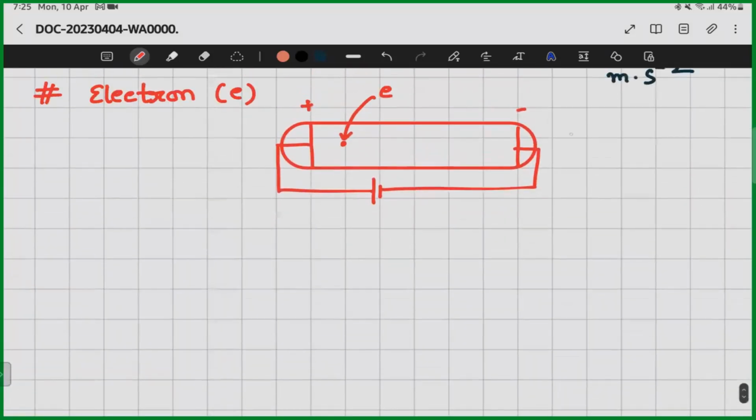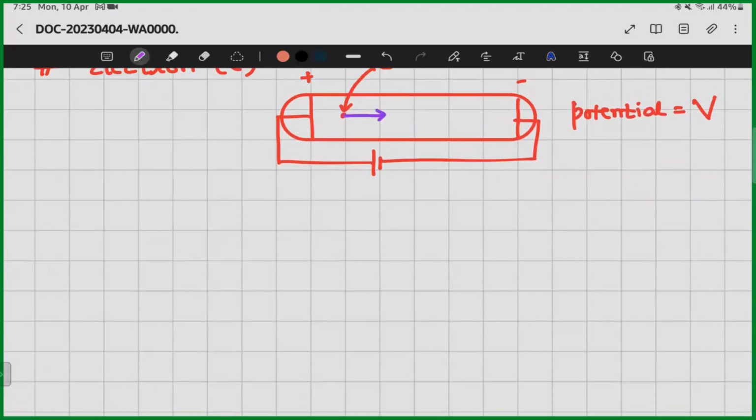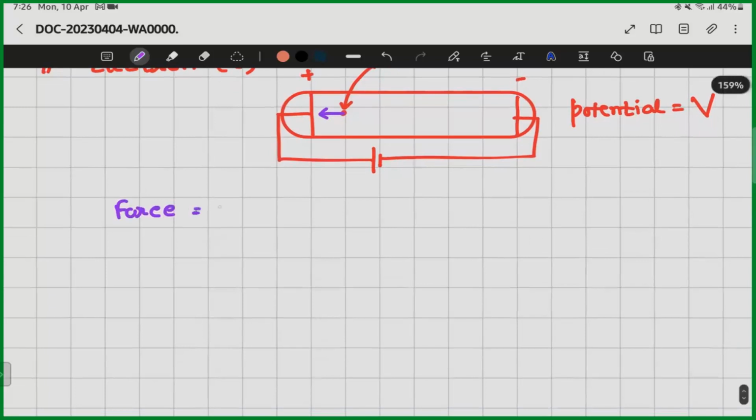The potential is V, capital V. So there will be some force, not this way, this way. What will be the force? That is the field V, and it has a charge, so it will be eV. e is the charge of the electron.